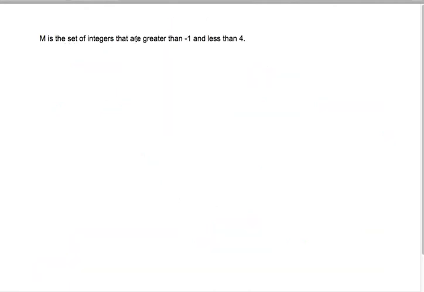M is the set of integers that are greater than -1 and less than 4. So in roster form, I would make my braces, and I need an integer that's greater than -1, so 0, 1, these are all greater, 2, 3, and also less than 4. So I'm done. These are all the set of integers that are greater than -1 and less than 4. So if I wanted to put this in set builder notation, I would start with my braces.